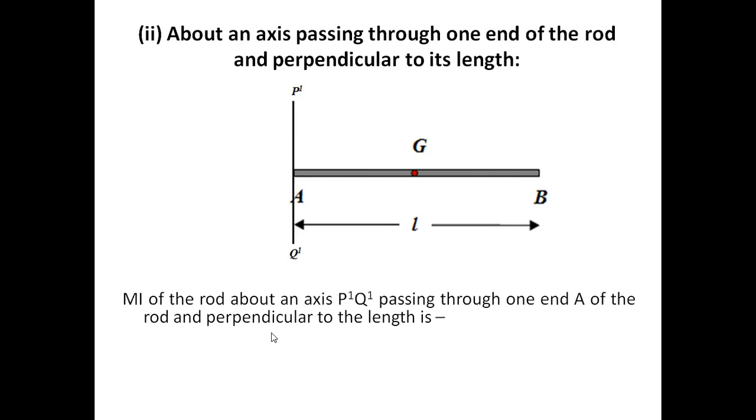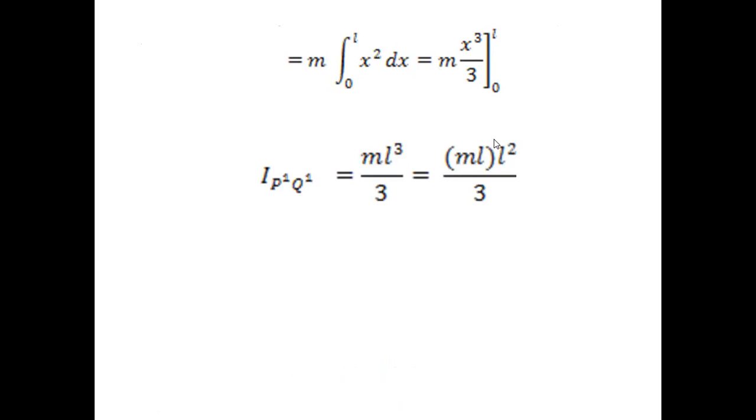Hence the moment of inertia of the rod about the axis P dash Q dash is equal to the integration from 0 to L of m x square dx. Since m is constant, it is m into the integral from 0 to L of x square dx, which is x cube by 3 between the limits 0 and L. Substituting the limits, you will get m L cube by 3, since the lower limit is 0.